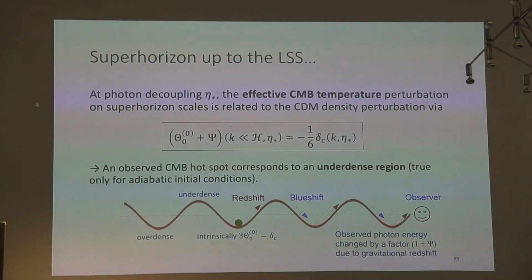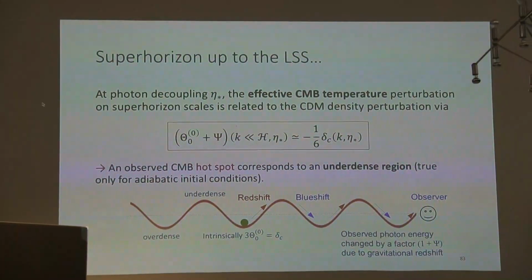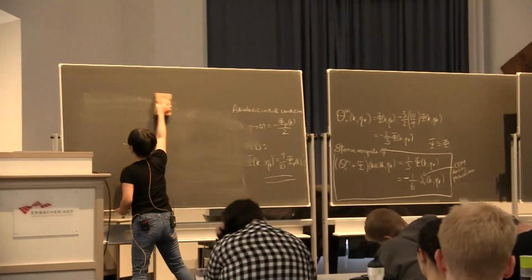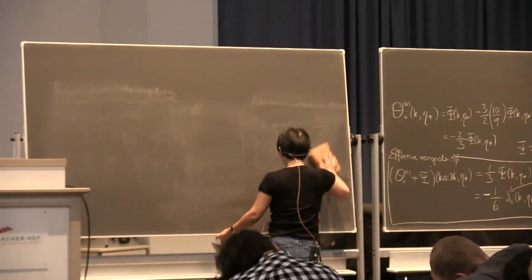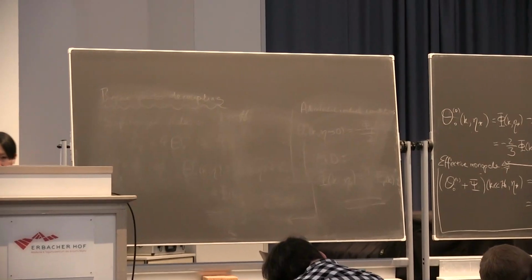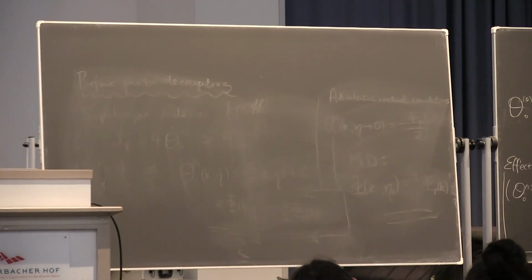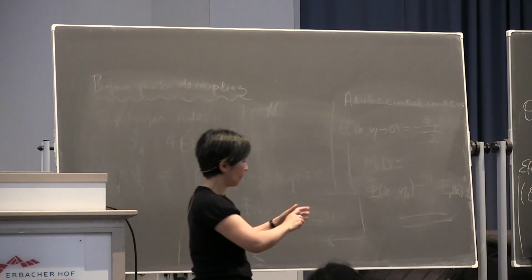Now, next thing I want to look at is what happens when we go to sub-horizon scales. If we are interested in sub-horizon scales, then clearly these causal effects will have to start to come into play.